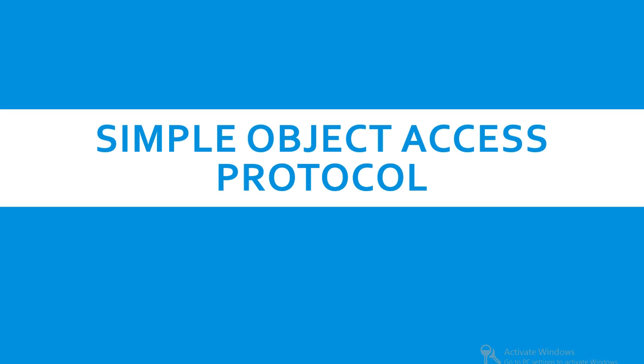SOAP is a lightweight protocol for exchange of information in a decentralized, distributed environment. It is an XML-based protocol that consists of three parts: an envelope that defines a framework for describing what is in a message and how to process it, a set of encoding rules for expressing instances of application-defined data types, and a convention for representing remote procedure calls and responses.